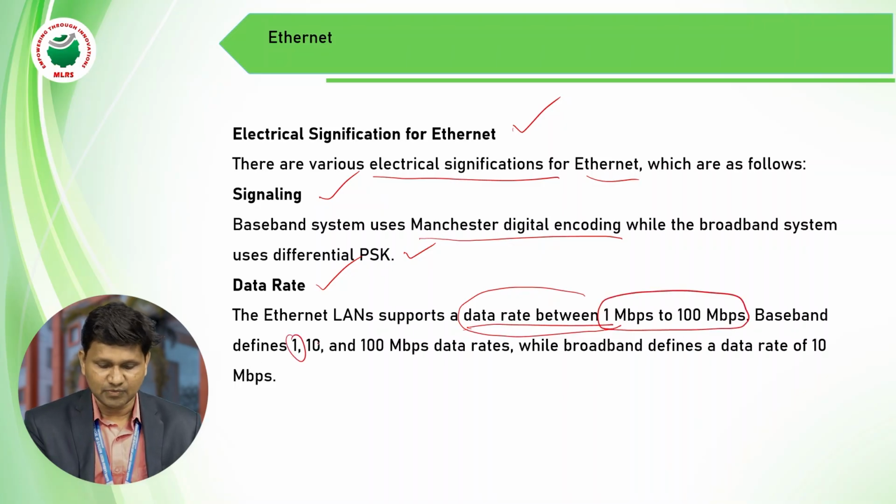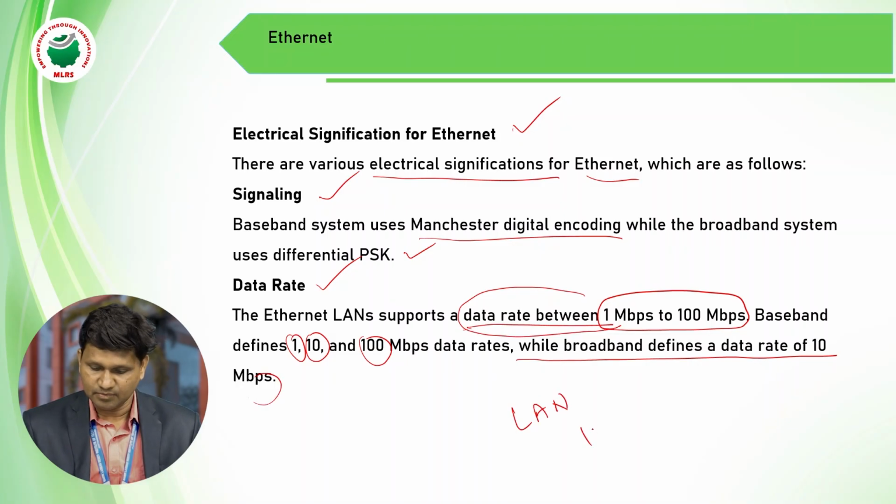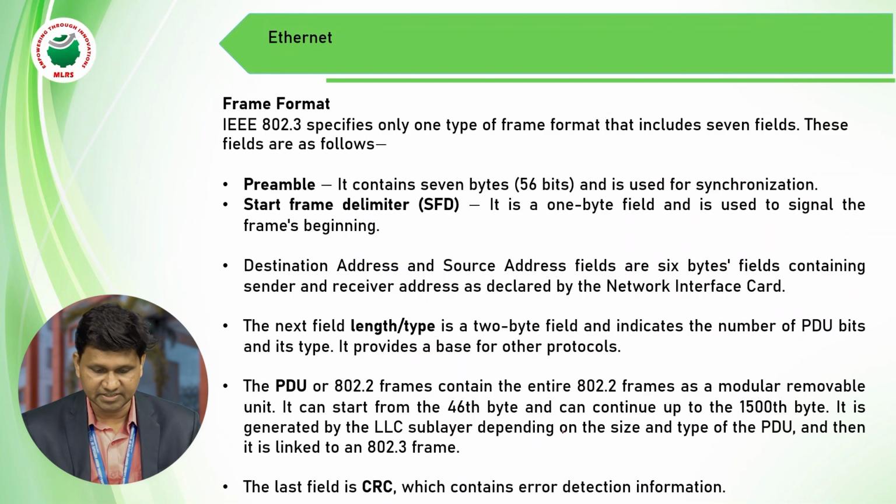Baseband defines 1, 10 and 100 Mbps data rates, while broadband defines a data rate of 100 Mbps. So if it is a LAN, 1 Mbps to 100 Mbps, whereas for baseband it is 100 Mbps. This is the big difference.